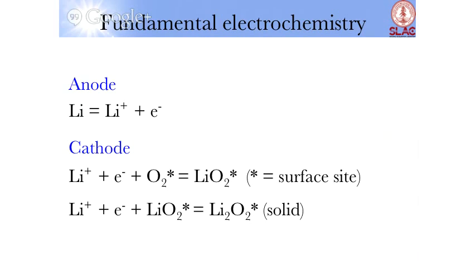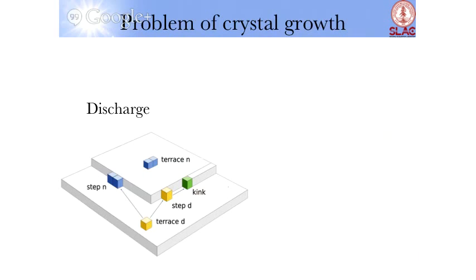And note that the surface site is on an already nucleated film of lithium peroxide. So you have a nucleated film of lithium peroxide, and then you grow on top of it. And then you add another lithium plus an electron to this, and so you form lithium peroxide. So this is basically repeating of lithium peroxide on top of the nucleated film of lithium peroxide. So the problem of this is essentially a problem of crystal growth.